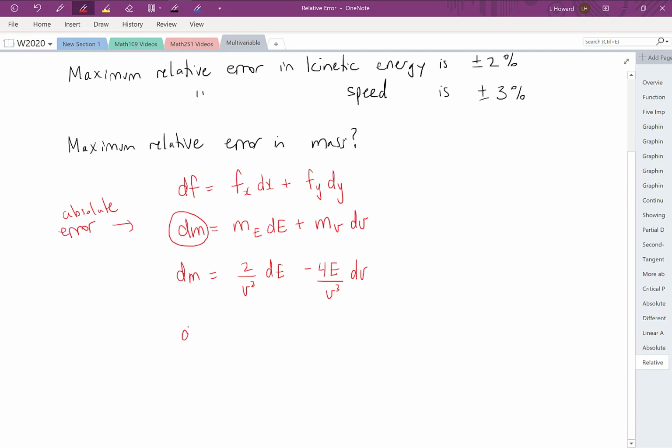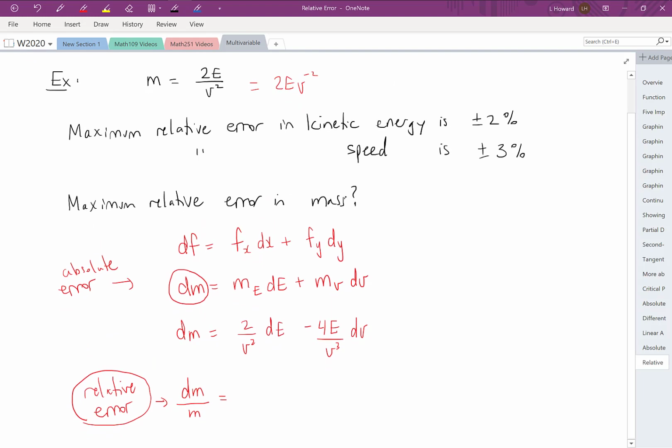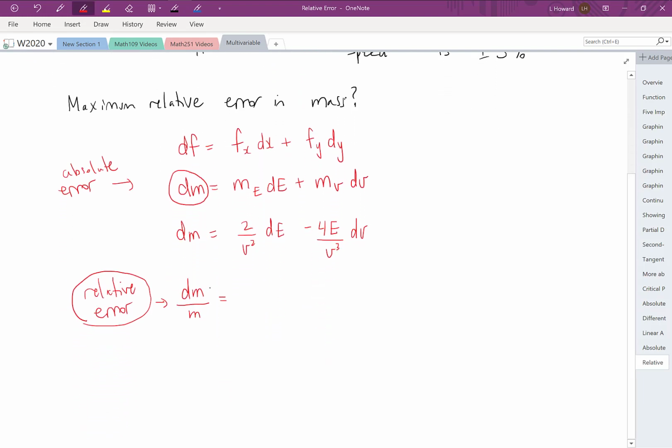So now to turn this into a relative error, we want to calculate dm over m. So we're going to go ahead and divide each term by m, and remember m was equal to 2E over v squared. So let's multiply by the reciprocal. v squared over 2E is going to get multiplied by each term. And let's simplify these terms.